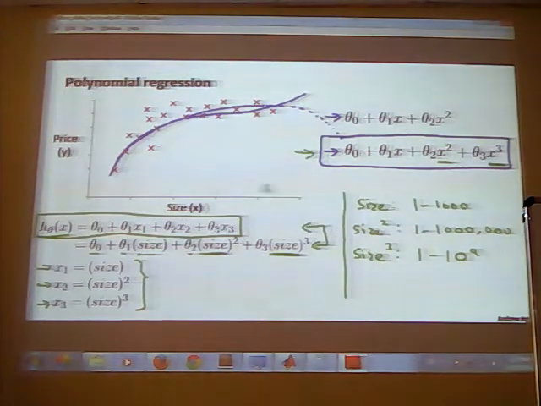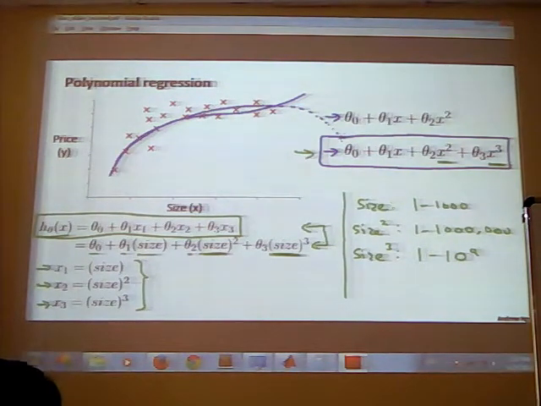As you can see, beyond a particular size over here the price is decreasing, which is not possible, because as the size of the house increases, the price is obviously going to increase. So it was fitting better till here, and from here it is not fitting our data set.